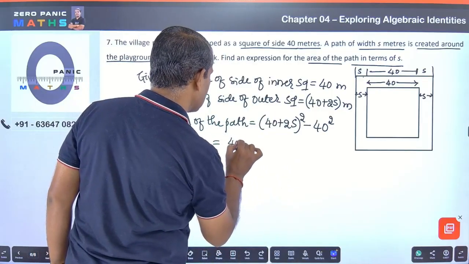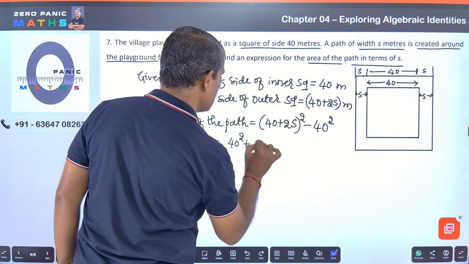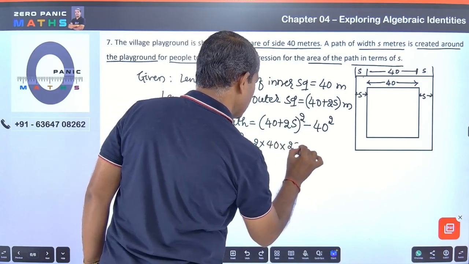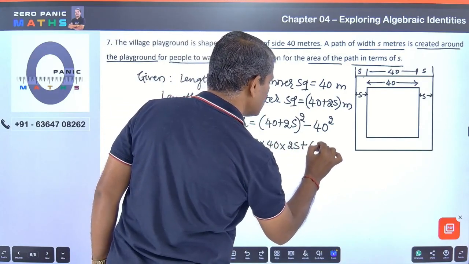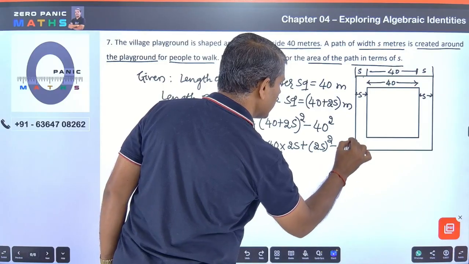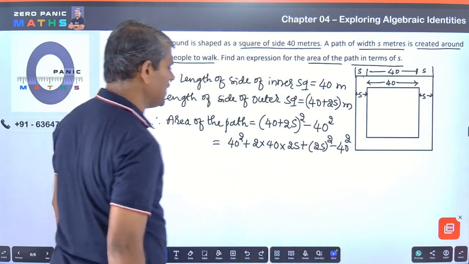a square, that is 40 square, plus 2ab, 2a is 40, b is 2s, plus (2s) whole square, that is b square, minus 40 square. This minus 40 square, I'm keeping it as it is.